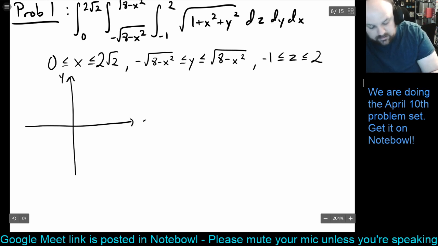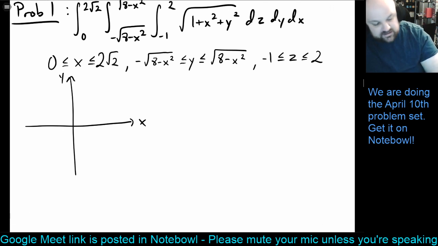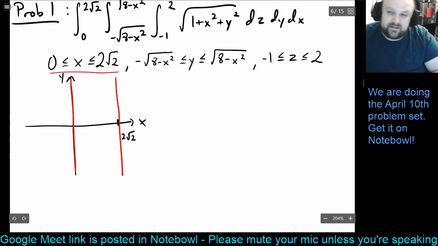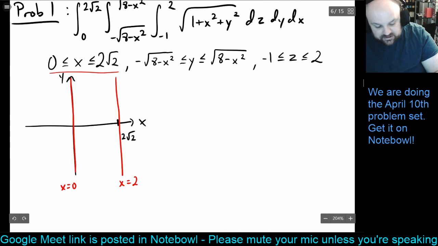Here, the x values are telling us, let me put a 2 square root of 2 right here, that we're stuck between here and here. So this is x equals 0 over here, and this is x equals 2 square root of 2.